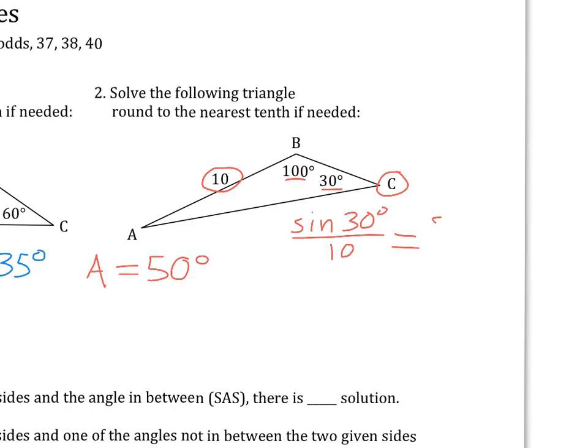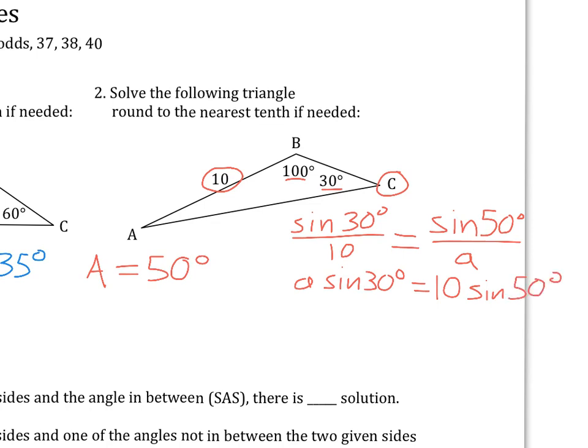Alright, let's find side A first. So sine of angle A is 50 degrees, and we don't know the length. And remember, sides use lowercase letters and angles use capital letters. So I cross multiply: A sine 30 equals 10 sine 50, and divide by sine of 30.